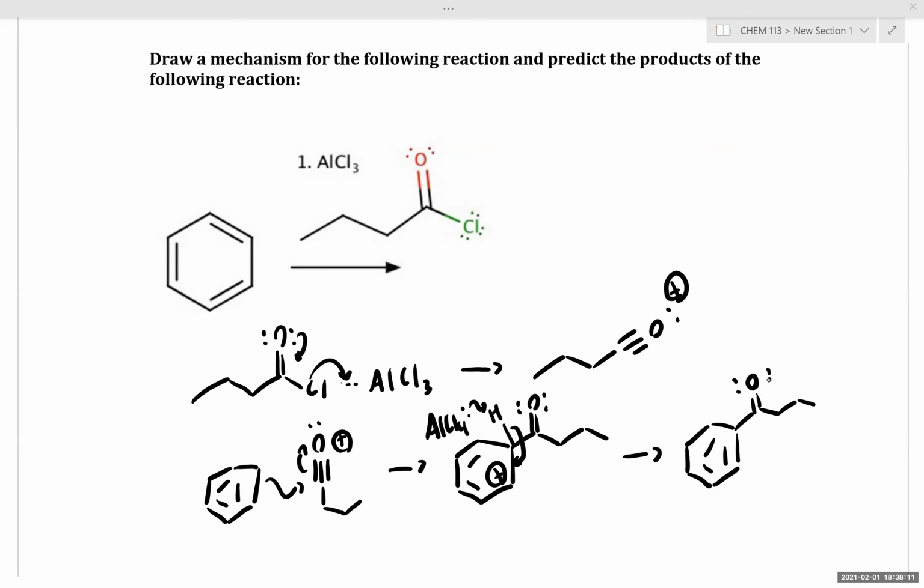So this is just a resonance stabilized form of this. So the acylium ion is a resonance form of the cation that you get if your chloride leaves. And that resonance form is more stable.